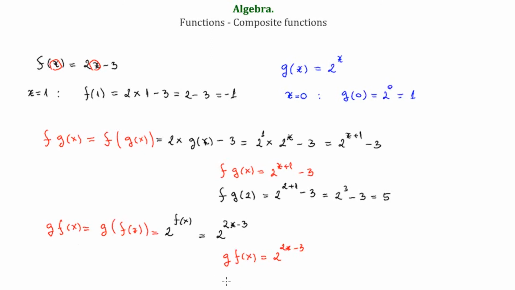Let's say we want to try again when the value for x is 2. So g of f of 2 would then be 2 to the power of 2 times 2 minus 3, which is equal to 2 to the power of 4 minus 3, 2 to the power of 1, which is equal to 2.